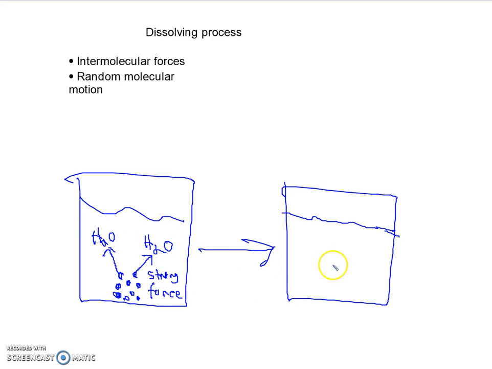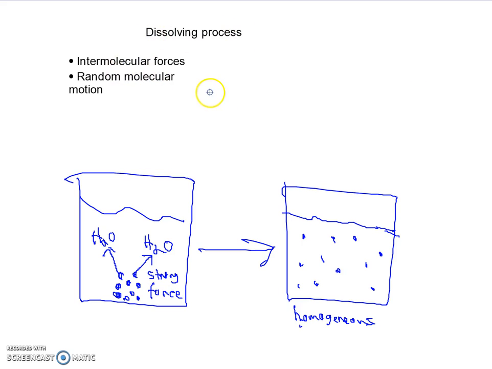And so once it does that and it moves around randomly, the solute is going to be evenly mixed, or homogeneous. It's going to be evenly mixed through the solution like that. And that is, by definition, a solution because it's all one phase. Now, you wouldn't be able to see it because if it's one phase, you only see one thing. But I'm showing the molecular view.